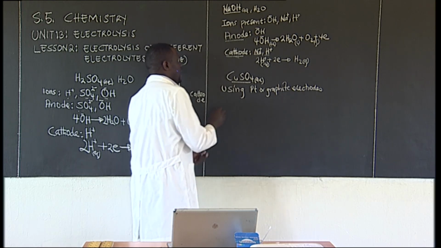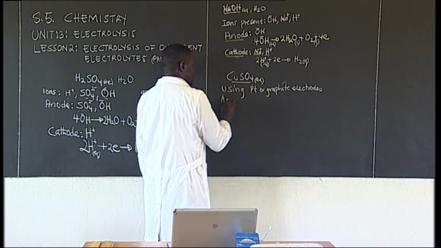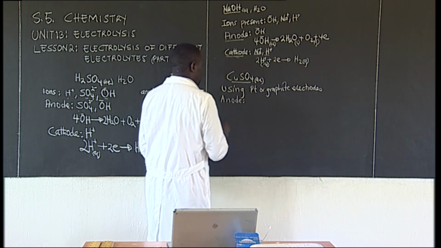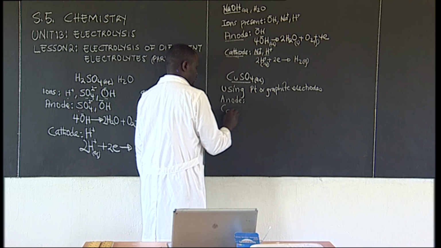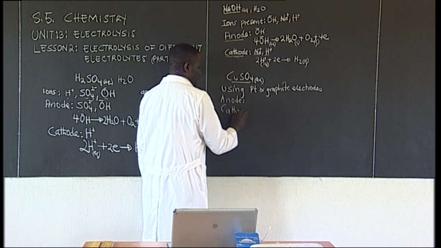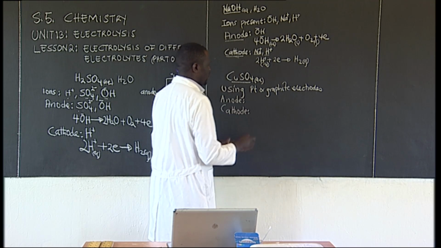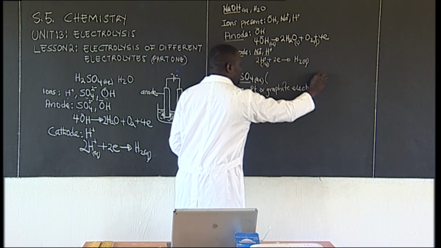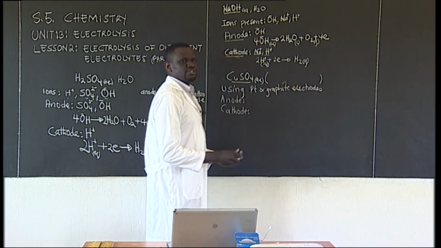As you recognize very well, here we have the anode, and we also have the cathode. I know now you are an expert, you can easily tell the ions present, but let's just write them here for a simple illustration.